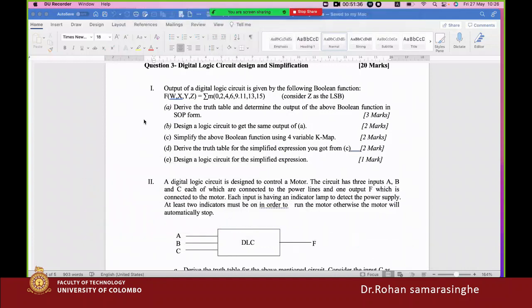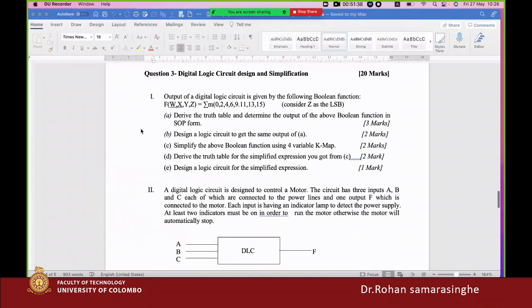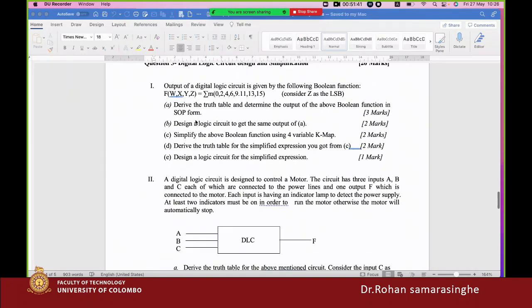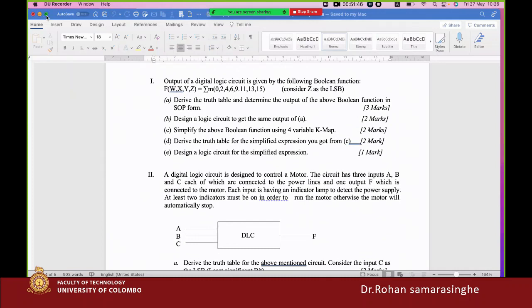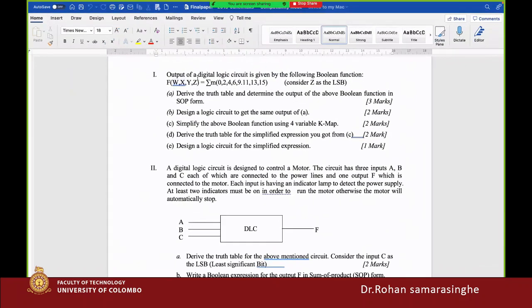Sometimes you will be given a digital logic circuit simplification like this. This is also very important to understand. The output of the digital logic circuit is given by the following Boolean function: F(w, x, y, z) is the summation of minterms 0, 2, 4, 6, 9, 11, 13, 15.